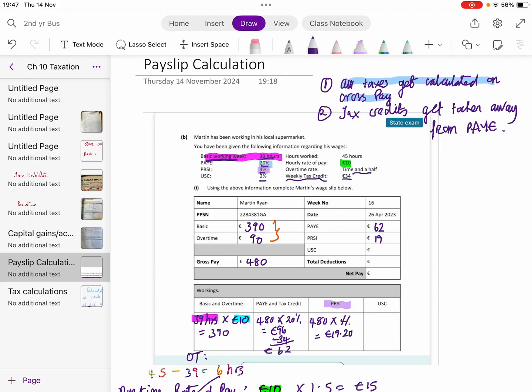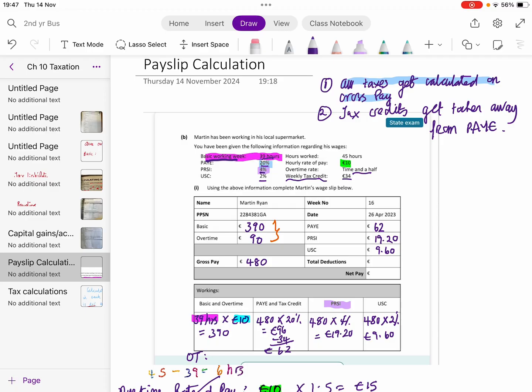Now I wouldn't round this, girls. I would always have the 20 cent in. So the last thing I need to do is to do USC. So that is 480 multiplied by 2%. So my 480 multiplied by my 2%, and I have €9.60. So my €9.60 is what I'm paid in my universal social charge.